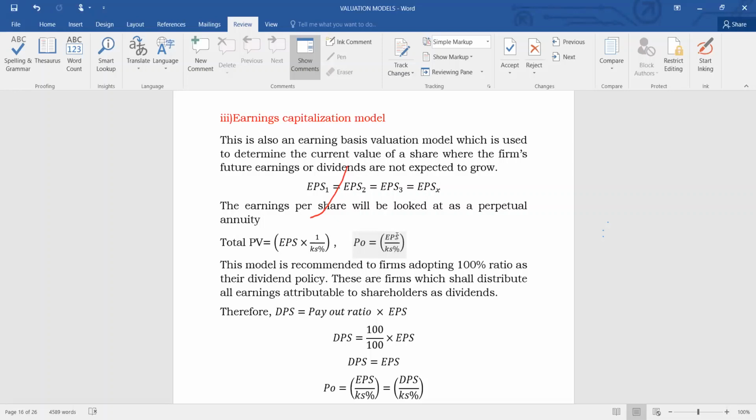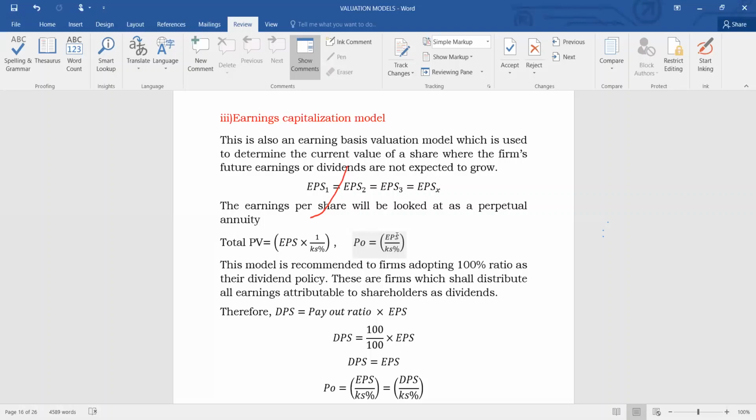I didn't explain that argument in these notes, but that's basically the logic, that the future earnings and dividends are expected to remain constant every year.